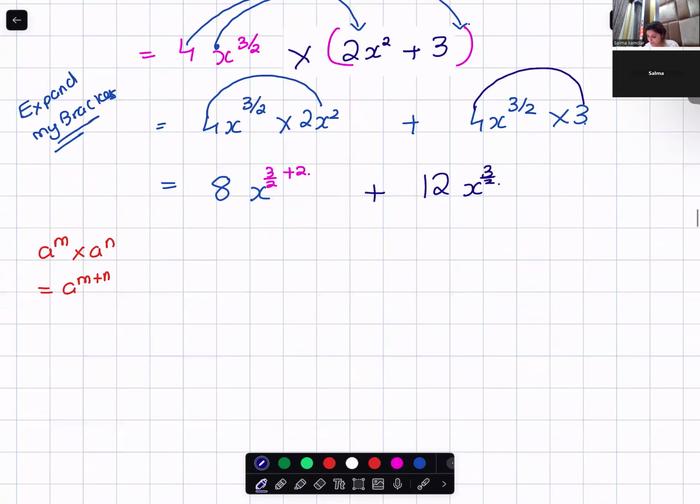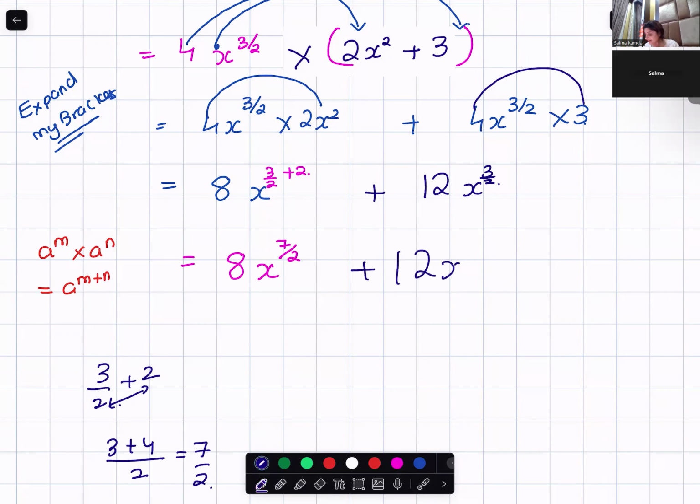Now 3 by 2 plus 2, cross multiply. So it becomes 3 plus 4 over 2, that is 7 by 2. So this would become 8x raised to 7 by 2 plus 12x raised to 3 by 2.